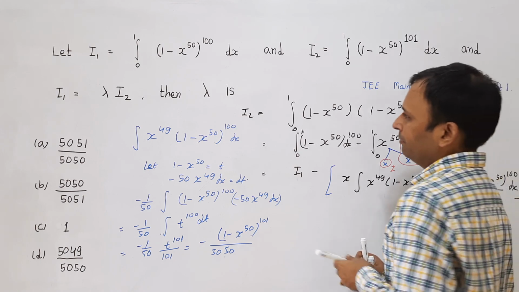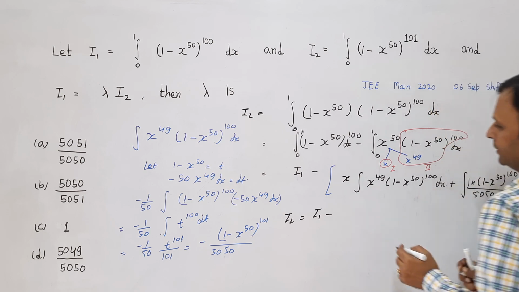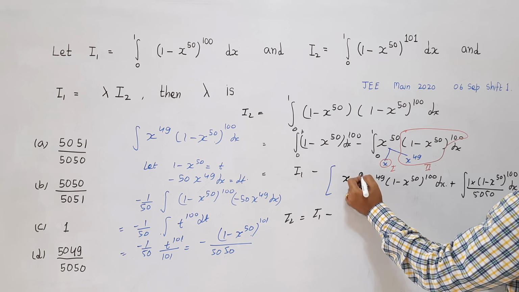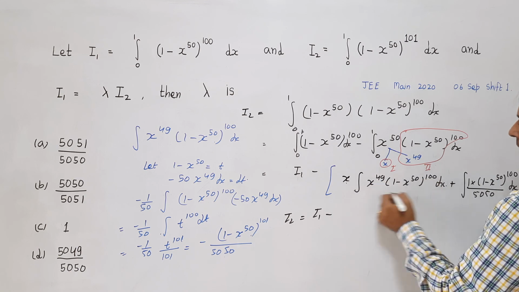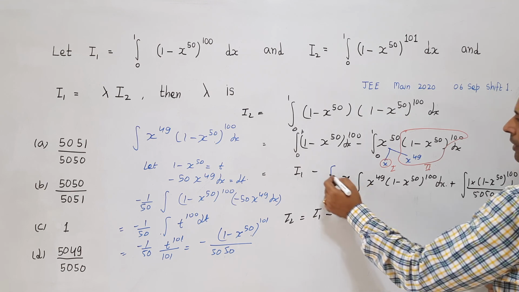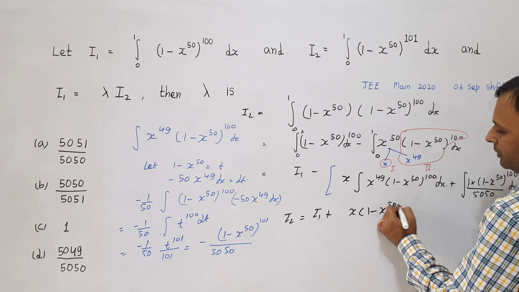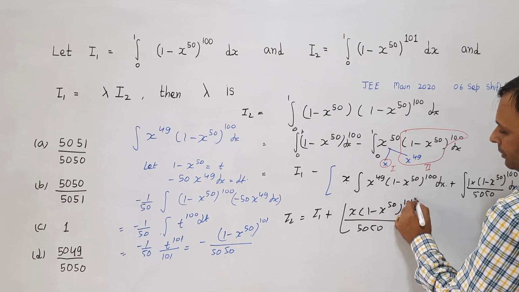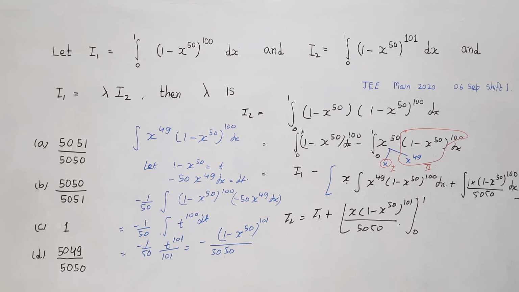Correct? Now what we are finding out is I2. So this I2 can be written as I1 minus, this is the integral from 0 to 1. When you solve the integral, you will get x multiplied by this value, which is x multiplied by this integral. Again I am writing it as minus, and when I open the bracket, minus and minus becomes plus, multiplied by (1 minus x to the power 50) raised to the power 101 divided by 50, and because I am taking the limit from 0 to 1, I will substitute the limit over here.